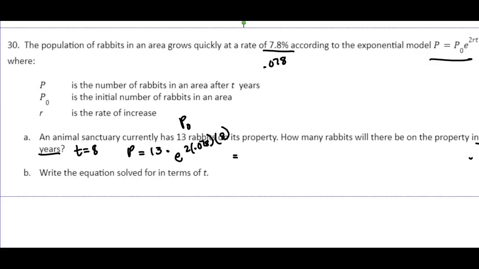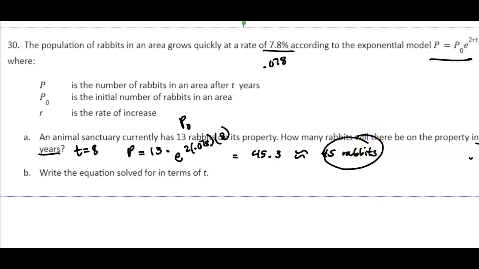If you do that in your calculator correctly, you're actually going to get 45.3, but remember you cannot have decimal rabbits. So we're going to round down, because if we round up, t would actually be something other than 8. So we are going to round down in this case to 45 rabbits.